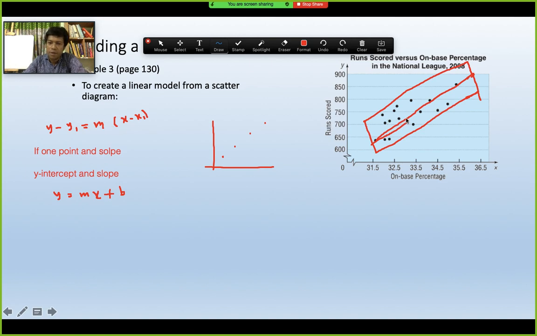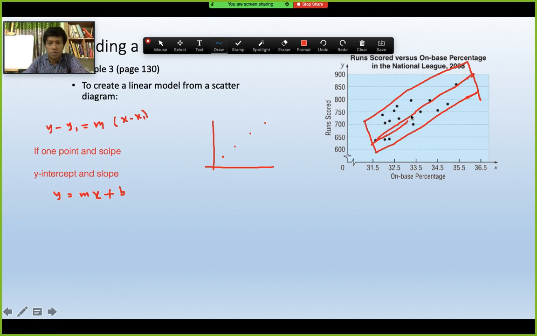Now here, from this data, how can I find one point and slope? The question is point and slope, or point, slope, y-intercept, etc. How can I find that, since there are a lot of points? So the rule here is, from the middle on this straight line, try to estimate any 2 points that will be just at the middle of all this data, from your eye estimation.